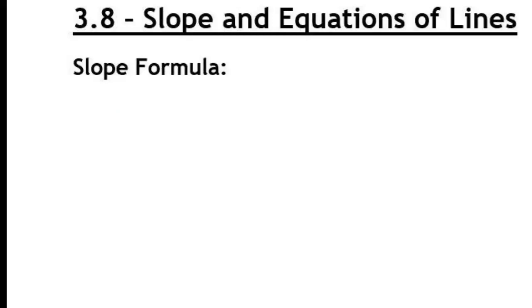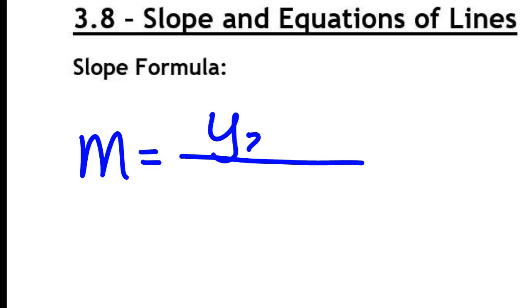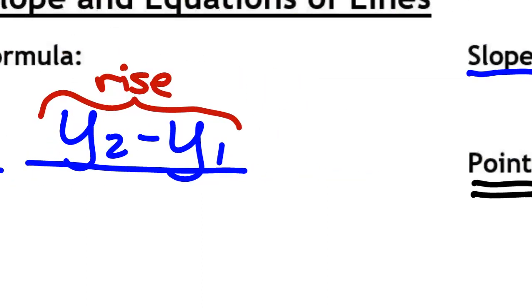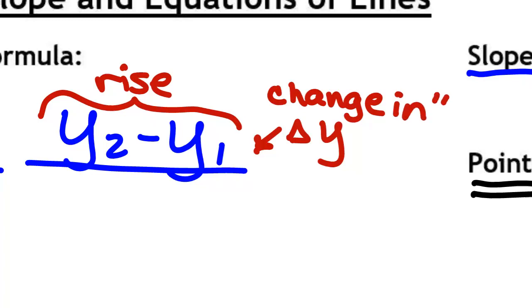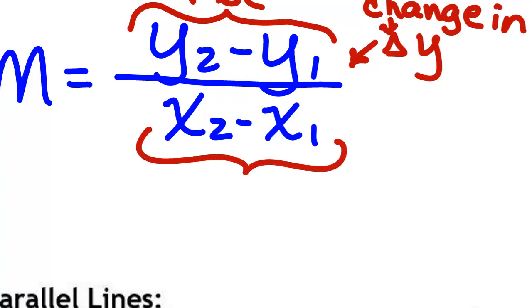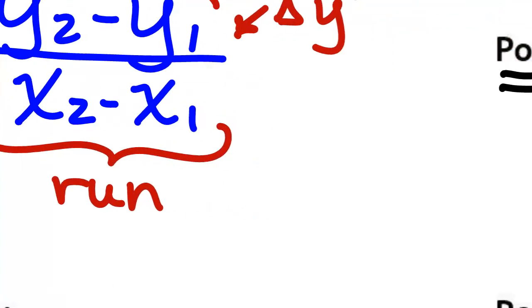Formula for the slope, m equals y2 minus y1, that would be my rise, or we could also call this the change in y, over x2 minus x1. That's my run. Or you might also see it called the change in x, or delta x.